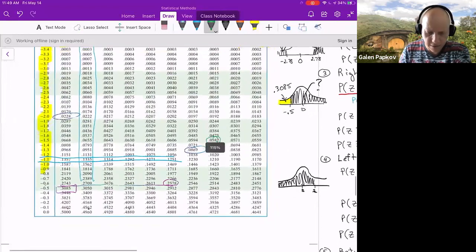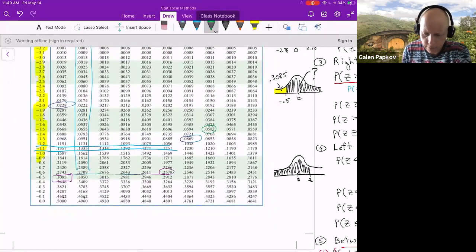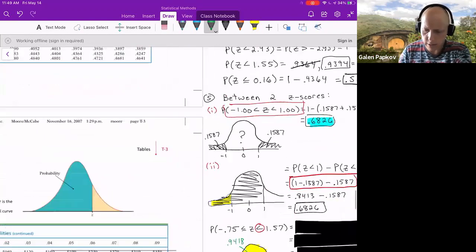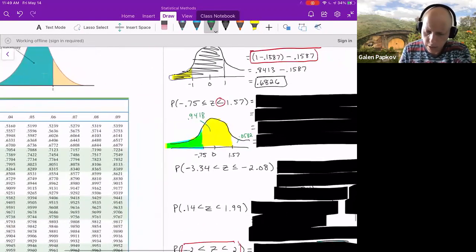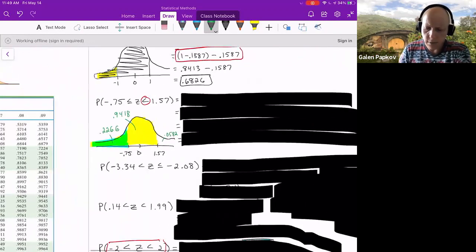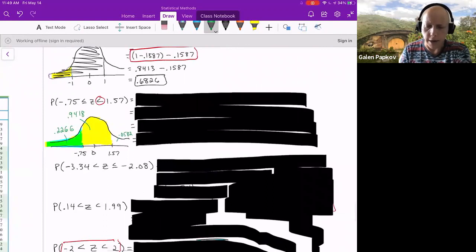And so for negative 0.75, you should get 0.2266. So this piece here is 0.2266. And if you subtract those, you should get the right answer.